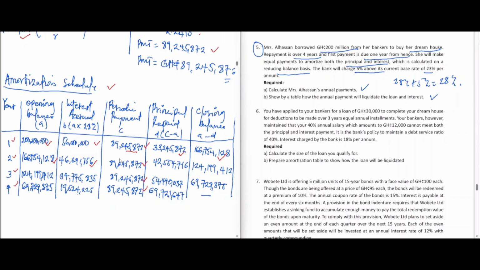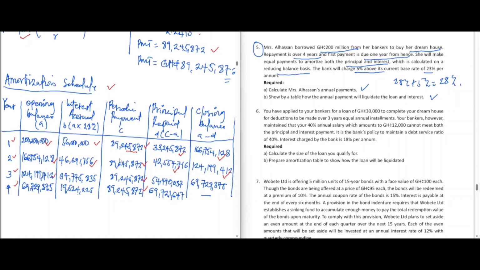So we now get a principal repaid for year 2 of 42,554,716. We now get our closing balance when we take this principal repaid from the opening balance, which is 124,199,412 Ghana cedis. So this amount will now become the opening balance for year 3.